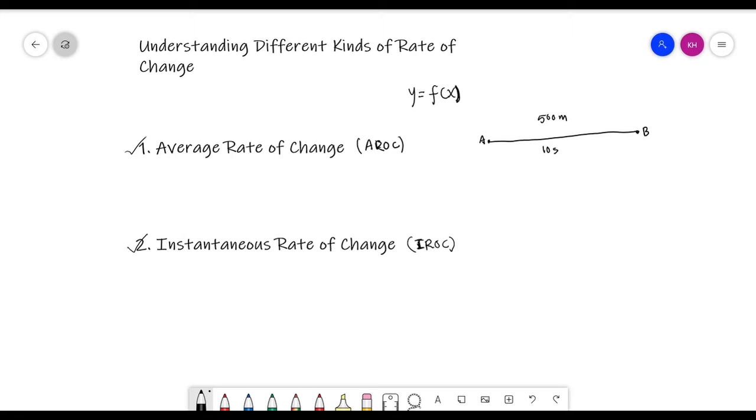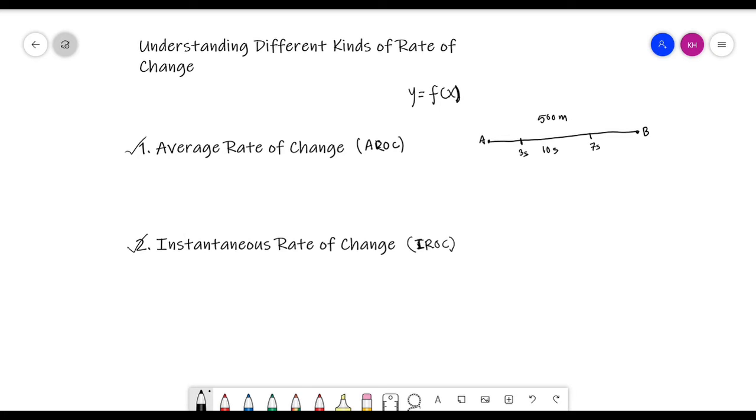Now, if I ask you to find the rate of change over an interval of time, so for example, if I ask you to find the rate of change when the time was 3 seconds to 7 seconds, this is what we call the average rate of change, when we are finding the rate of change over an interval of time.